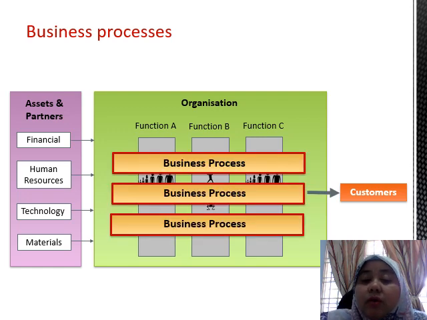Okay, along the way from asset to customers, dia ada banyak business processes. Okay, based on its business functions. So bayangkanlah the complexity and the complicatednya. So you kena faham apa beza complexity dan complicated.